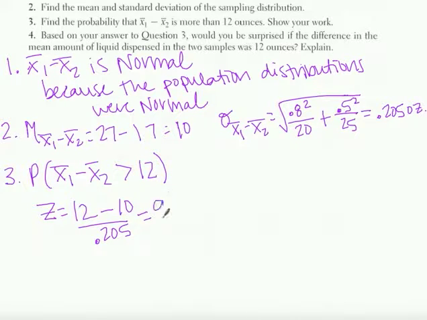Whenever you do that, you get 9.76. You would look on the table, and you would get the p to be approximately 0.